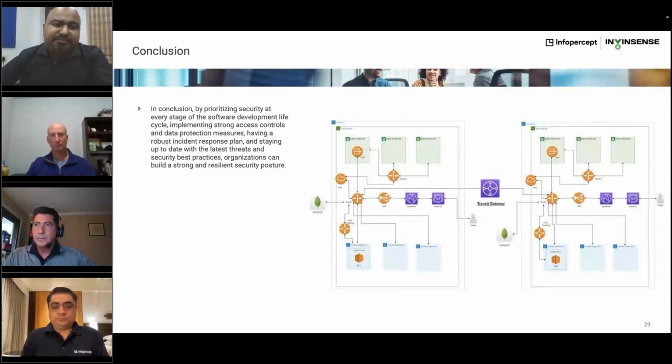And that is concluding that, if we prioritize security at every stage of the software development lifecycle, implement strong access controls and data protection measures, have a robust incident response plan, and stay up to date with the latest threats and security best practices, the organization can build a strong and resilient security posture.